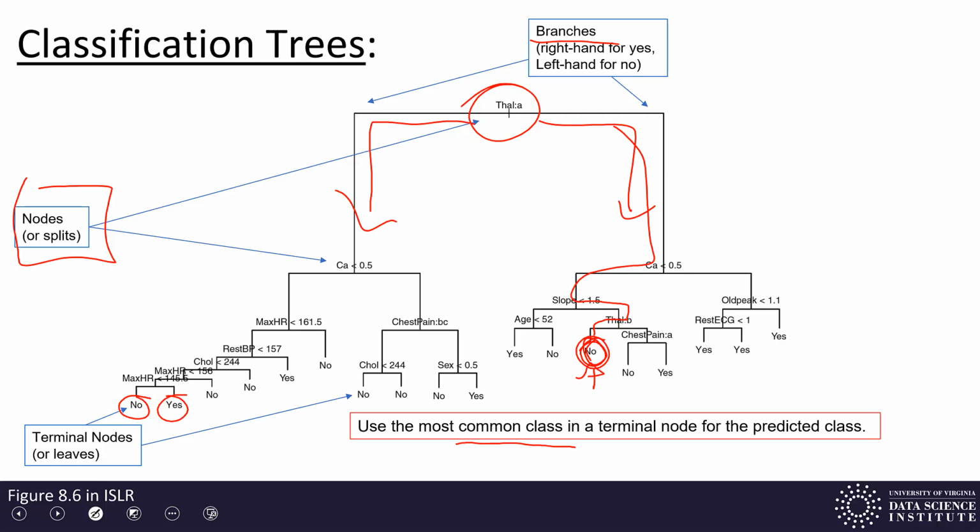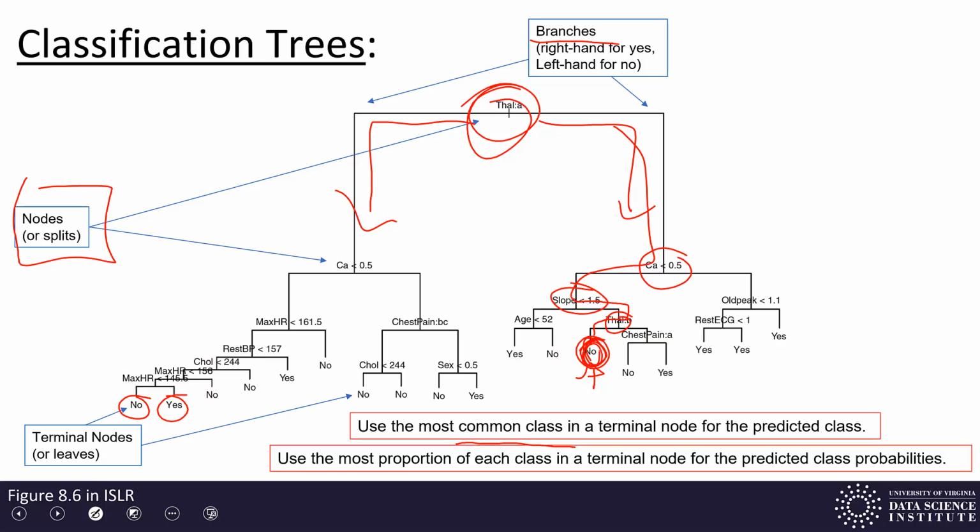So what we read here is, for most observations in our training data that had thal A, and then CA had this as a no, this as a yes, this as a no, they would wind up down here. Most of them were no on the heart attack question.